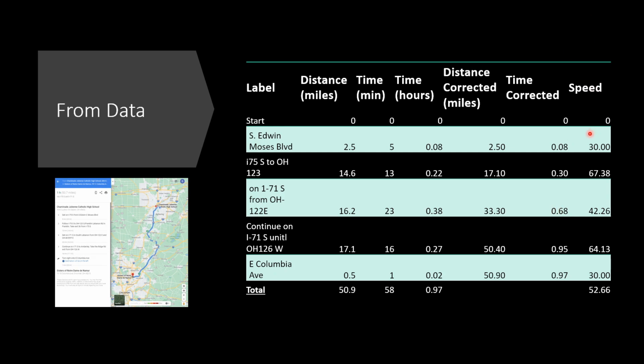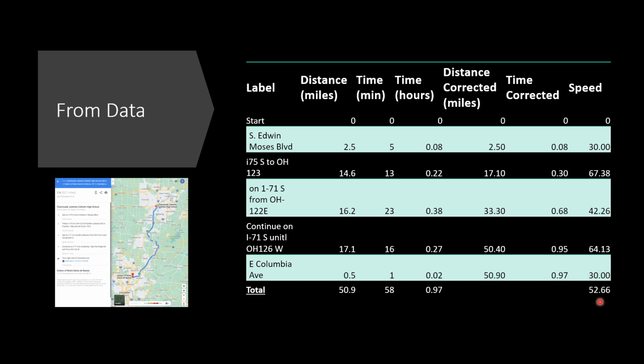And then the speed can be calculated. For each leg of the journey, you'll have a different speed. Remember, we're not talking about velocity here, we're just talking about speed because we're not considering direction at the moment. But speed is for each of the individual legs of the journey. For the total distance and the total time taken, you can work out what the average speed of your journey was.